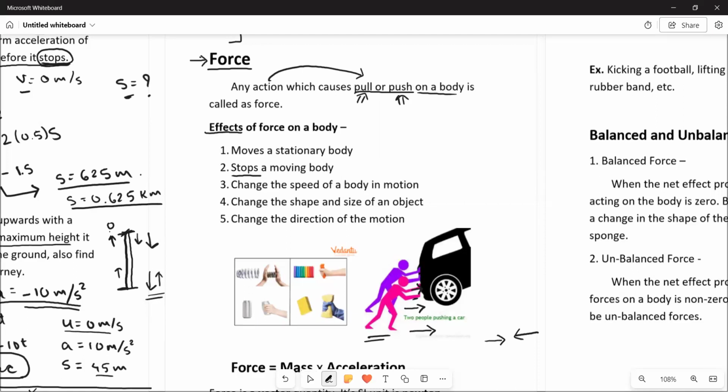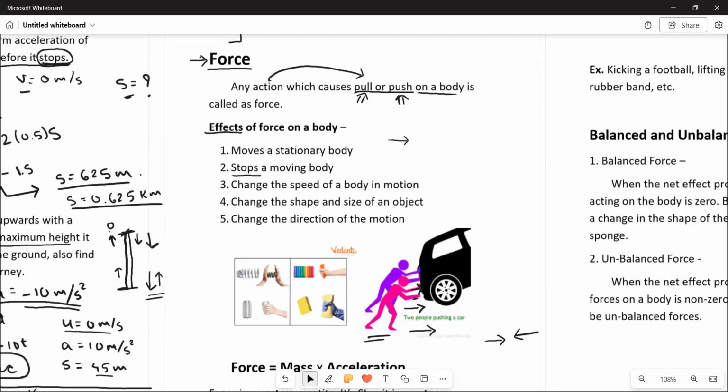Okay. So the third change, we can also change the speed of a body in motion. If there is any body which is already in motion, say if you are riding a cycle, when you are on the slope, you don't pedal the cycle, right? You just simply sit on it and let the cycle move on its own whenever you are on the slope. But if you start pedaling, means you push the pedal, right?